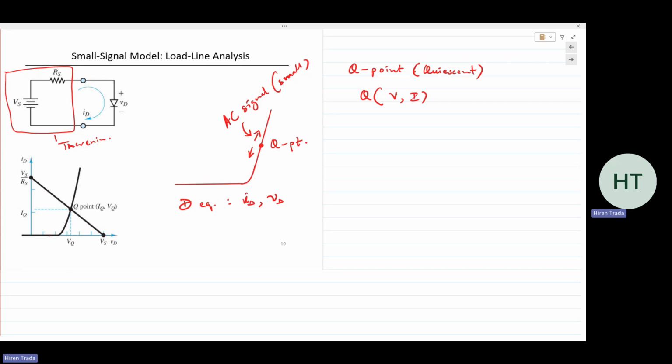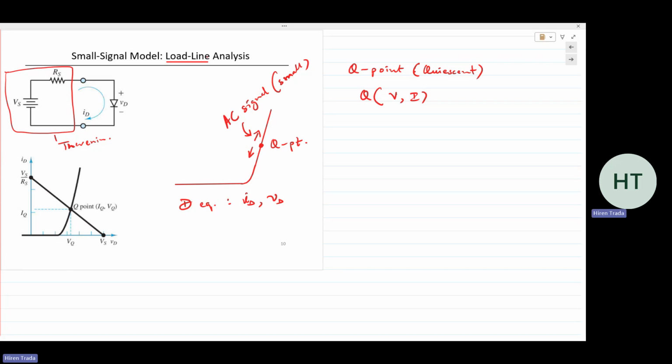Then we need to plot a second equation, and we're going to plot this as a linear line. That line is known as the load line, hence load line analysis. Load line analysis is a very handy tool.